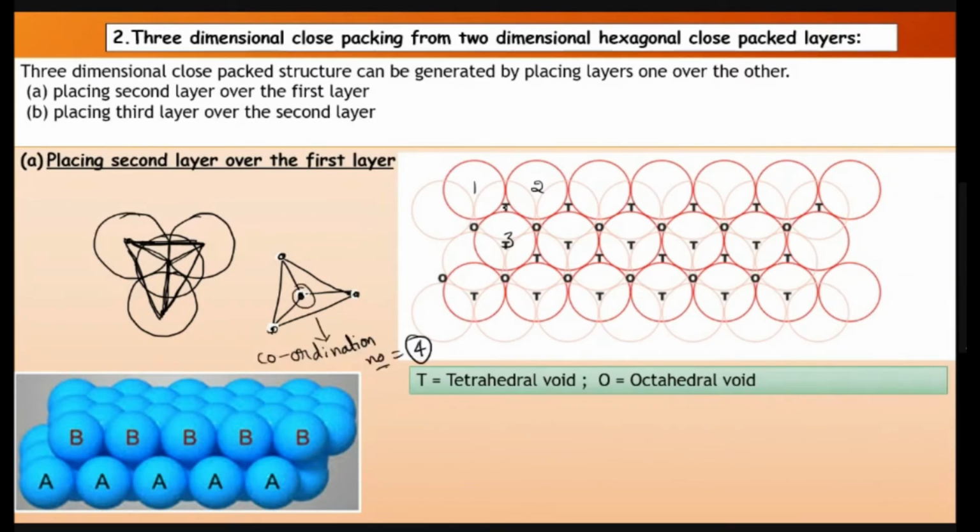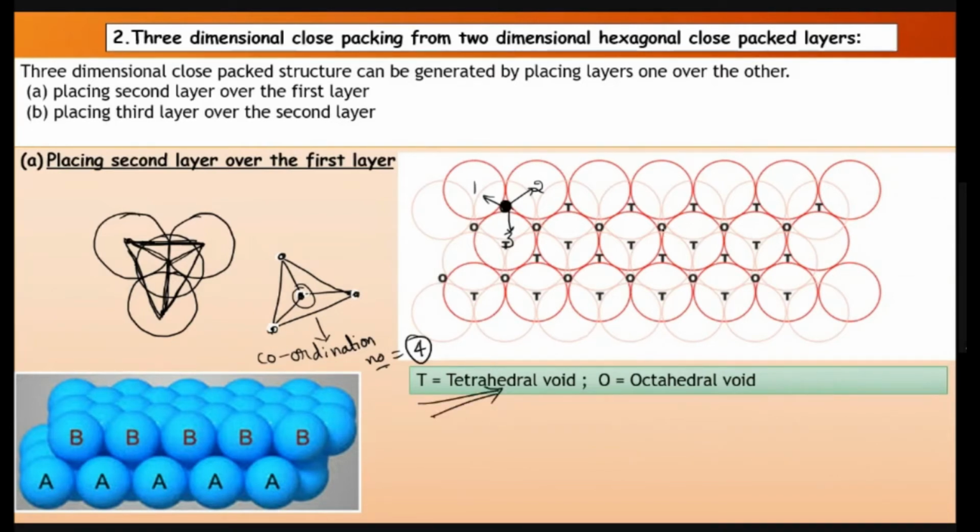Now, if you place a small atom over here, this void is going to touch four spheres. Listen carefully. The void present in the center of these four atoms is going to touch the four atoms. Below, one atom is there. So it's going to touch four atoms. That's why it is called a tetrahedral void.